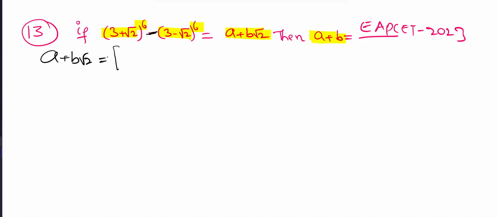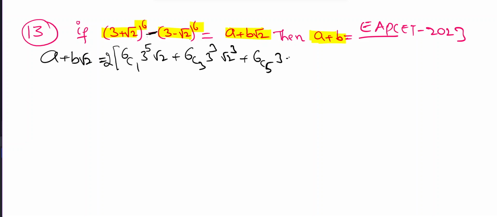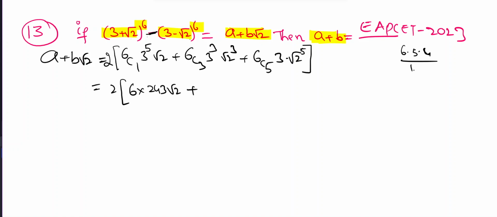So 2 of 6c1, 3 to the power of 5 into root 2. Next term, 6c3, 3 cube into root 2 whole cube, plus 6c5, 3 into root 2 whole power 5. This is the expansion of these two. That is equal to 2 into 6c1, where 6c1 is 6, into 3 to the power of 5, that is 243 root 2, plus 6c3, that is 6 into 5 into 4 by 1, 2, 3.